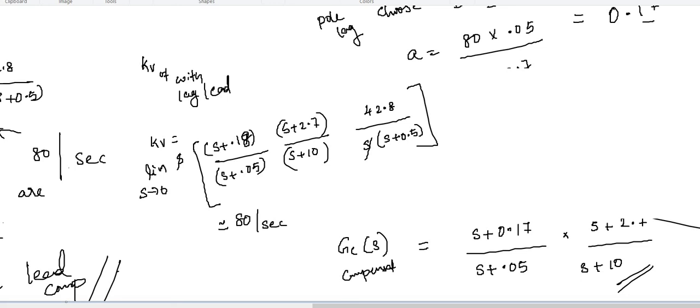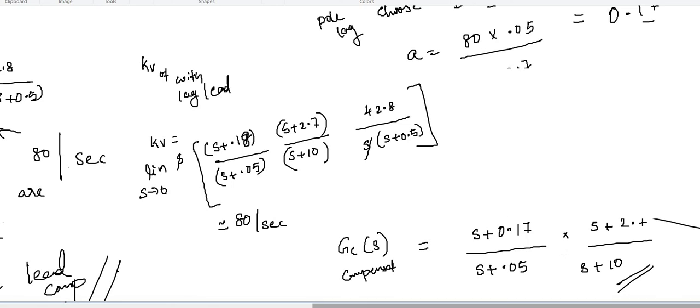In this problem, since the steady state specifications are not satisfied with only a lead compensator, we design a lag section as well, giving a lag lead compensator. In these types of problems, after designing, you have to check whether the steady state specifications are also satisfied.